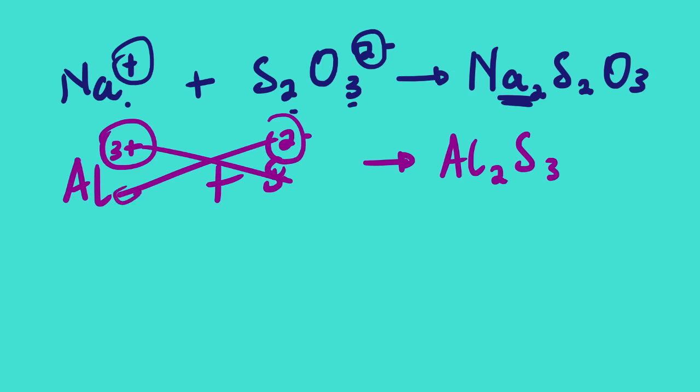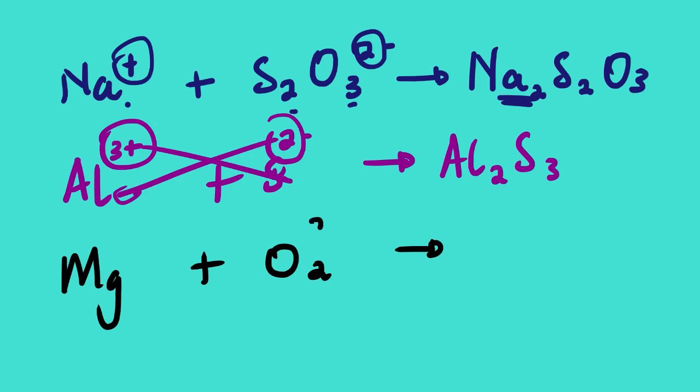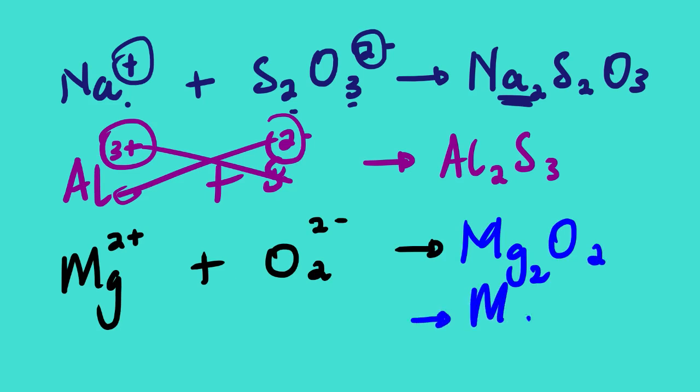Then another example that we should look at is reacting magnesium and oxygen. In this case, oxygen has 2 minus, magnesium has 2 plus. Well, since the subscripts are the same, we cannot write it like this. We can just write it like this because the subscripts are the same. Some would say we write the empirical form of it.